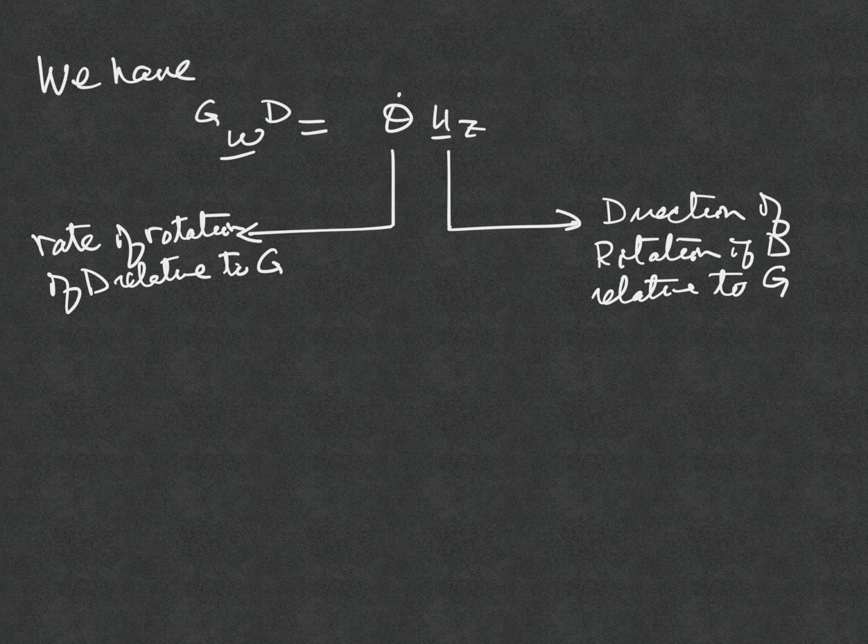But the axis of rotation is orthogonal to that plane. So if you curl your fingers in the direction of the rotation, your thumb will point in the direction of the axis of rotation, and that axis of rotation is UZ.